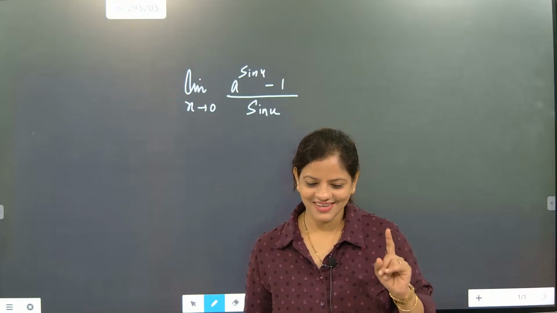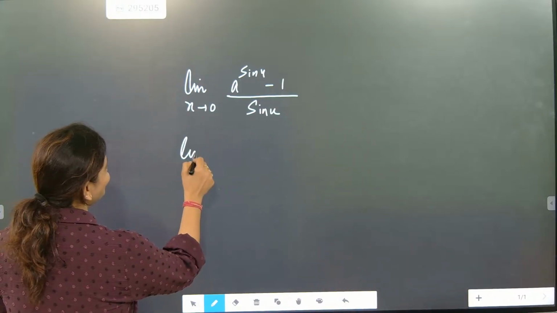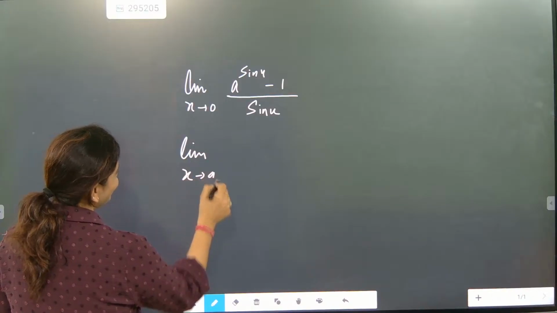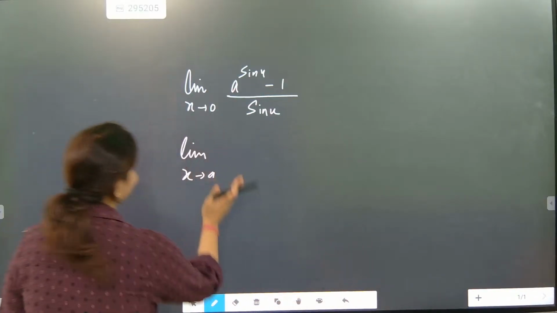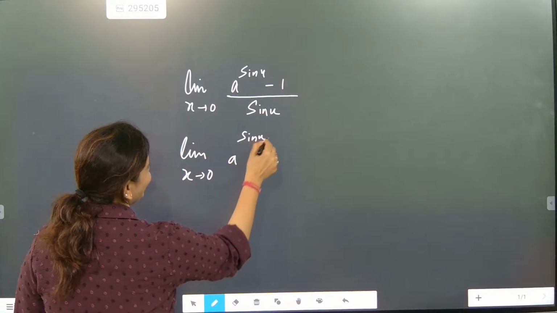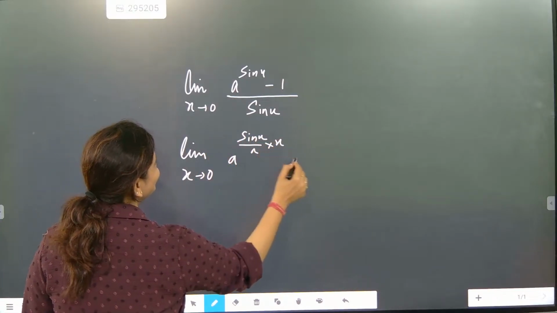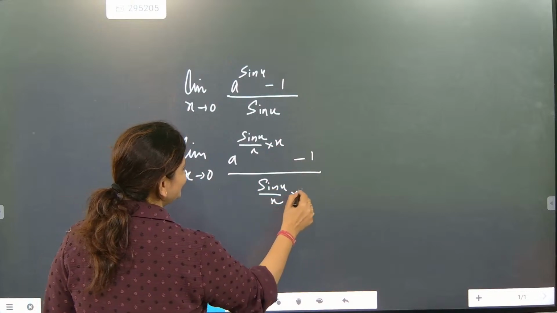See, one donkey is here. The donkey used a very nice step. I never thought of this type of step, idiot. See, your problem is only one. A to the power sin x by x into x minus 1 by sin x by x into x.